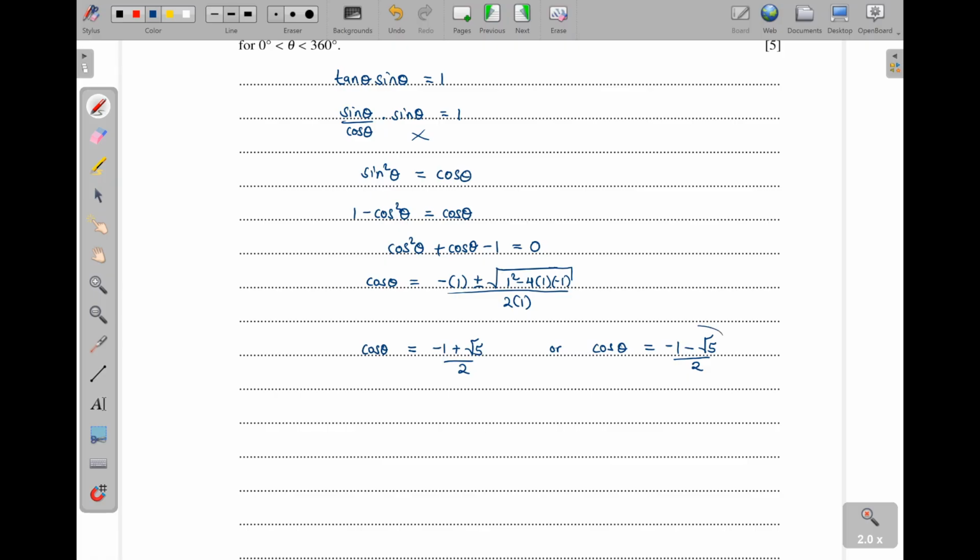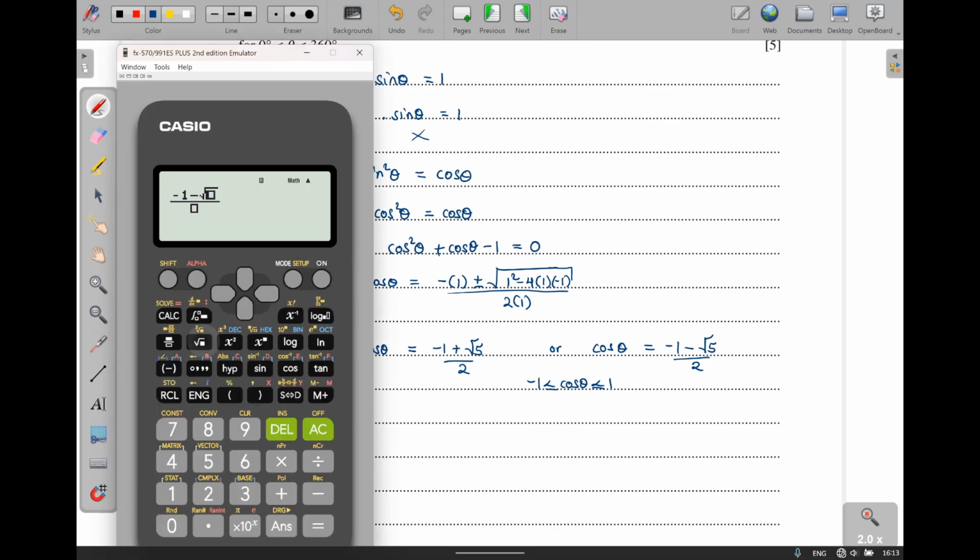Okay, but this one here is going to be bigger than 1 in magnitude, and cosine ranges from negative 1 to positive 1. So we cannot get a solution for numbers that are below negative 1 or greater than 1. Let's check it out. Negative 1 minus root of 5, then divide by 2. You see this one is below negative 1, so we cannot get a solution there.